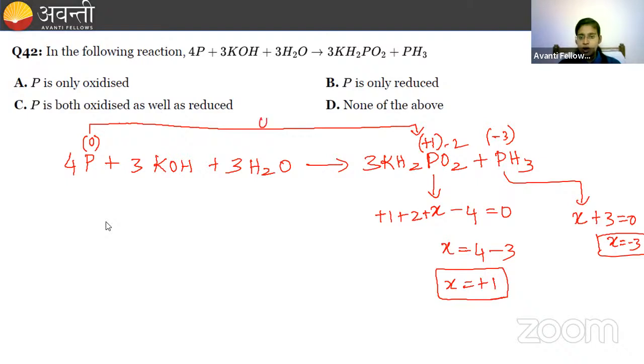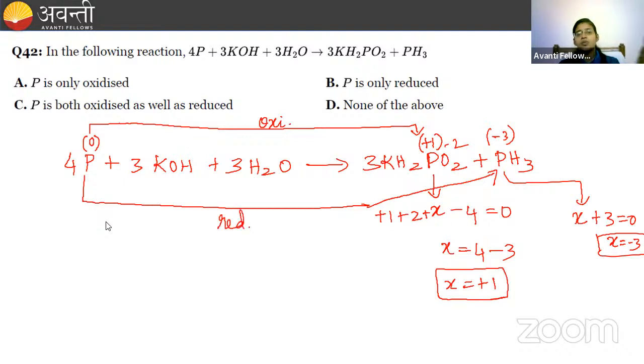So this is oxidation. In the other case, phosphorus is moving from 0 to minus 3. Minus 3 means there is decrease in the oxidation number, so it is reduction. So phosphorus is both oxidized as well as reduced. So option C is the correct answer for this question.